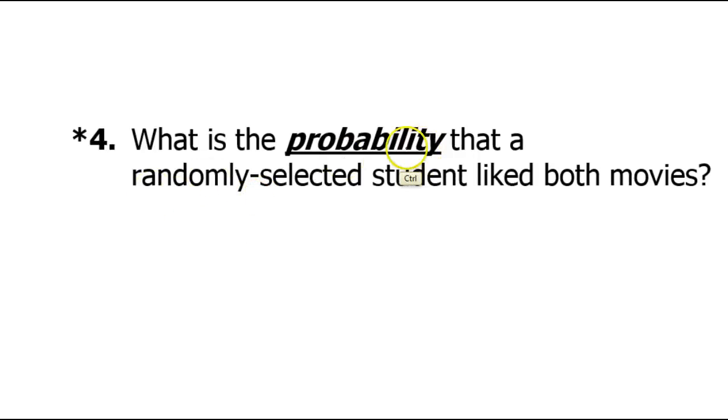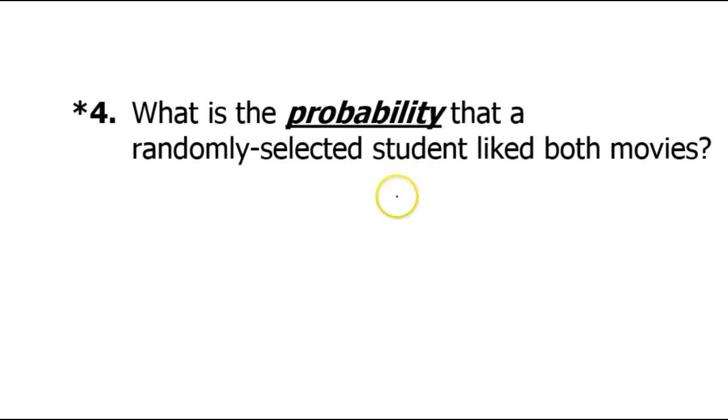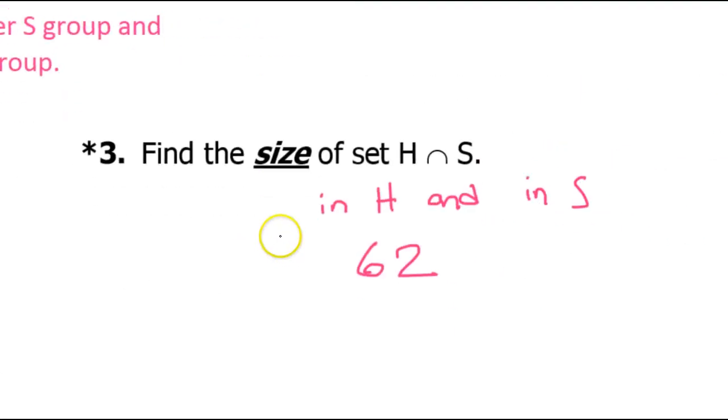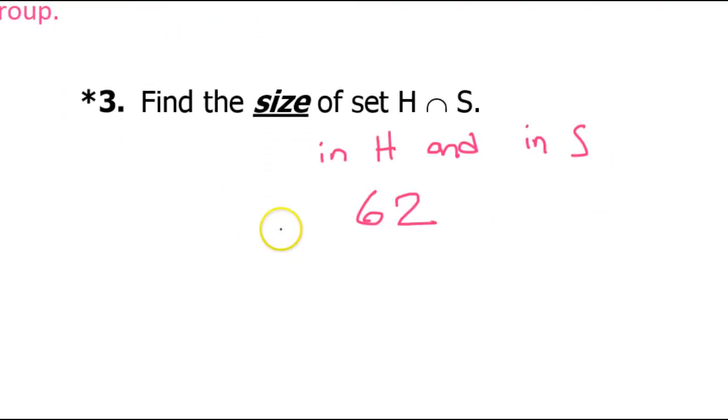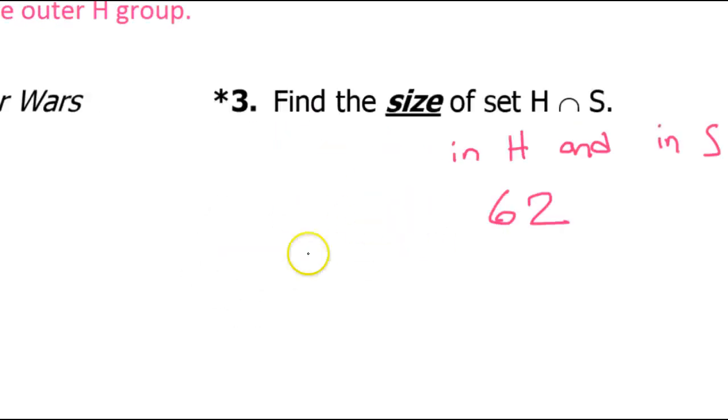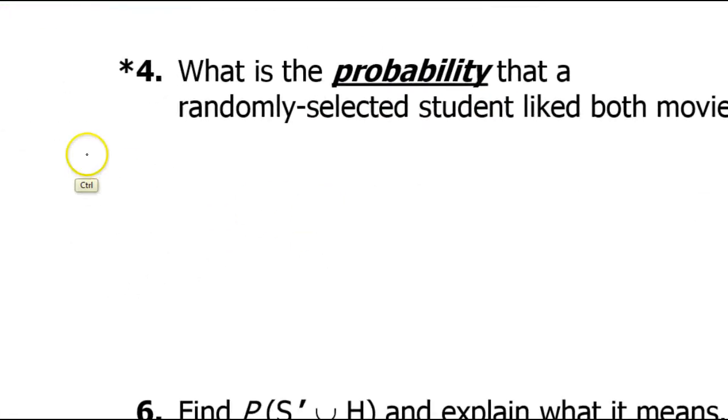Okay, what is the probability that a randomly selected student will like both movies? So, these problems are very similar, but if you're looking for the size, that's just going to be a number. Whereas probability is always going to be target over total.